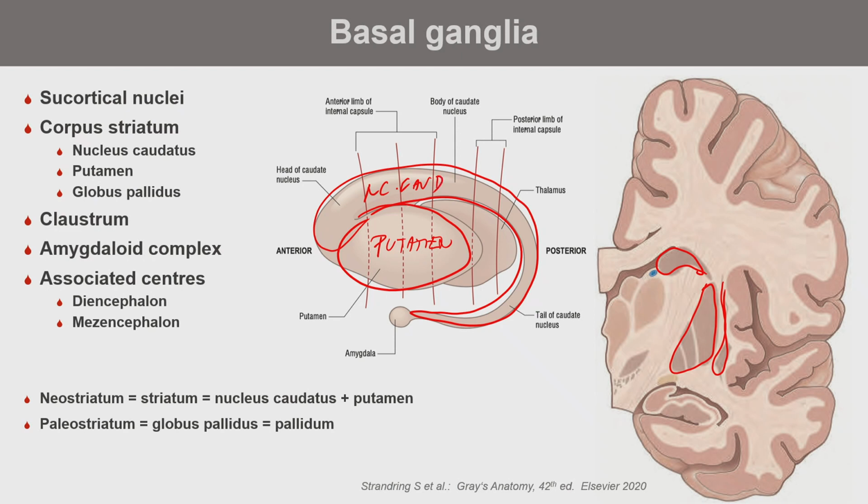And then we have a part which is outside, not seen here. This is the claustrum. So this is a putamen, and here is the caudate nucleus. The last part of basal ganglia, the archaic part, is the amygdala.